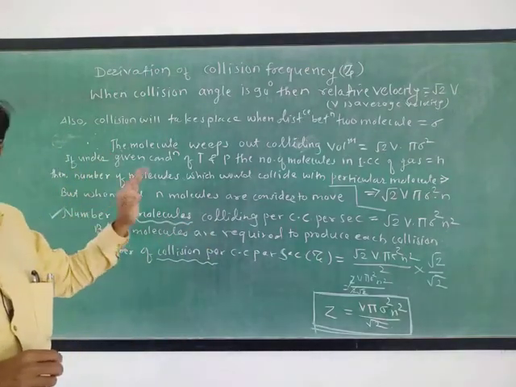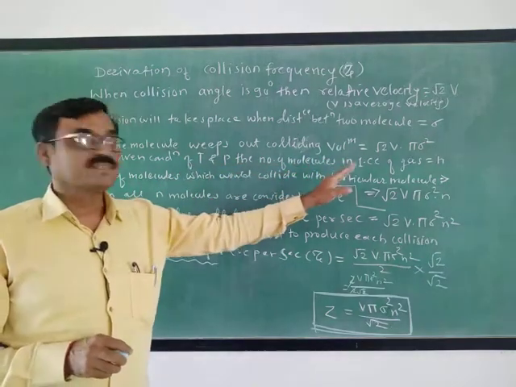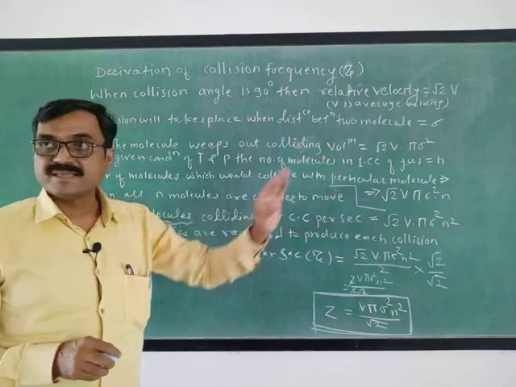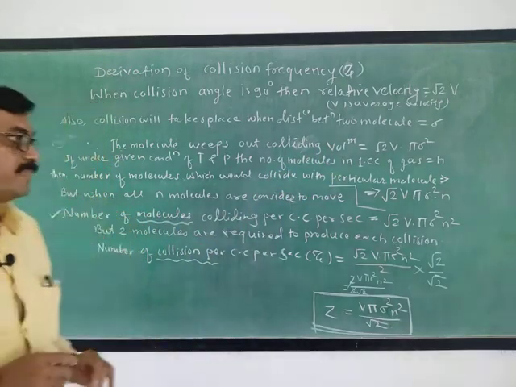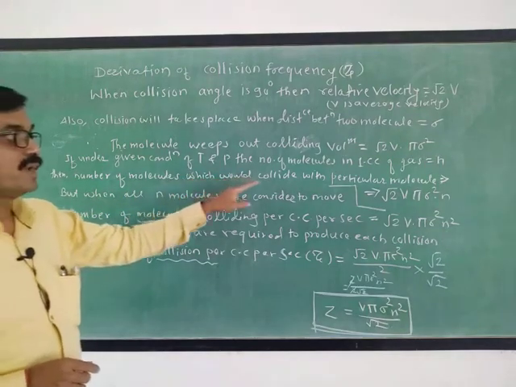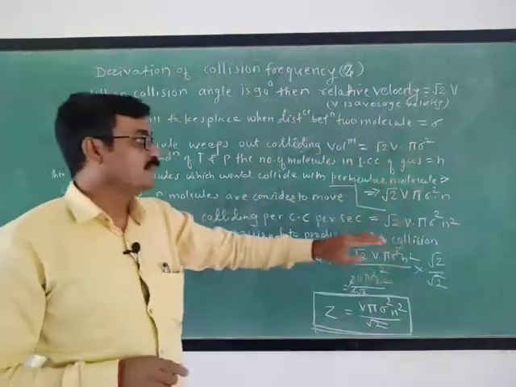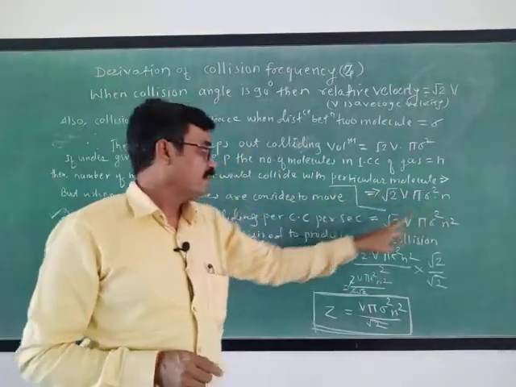Now, if under the given condition of temperature and pressure the number of molecules in 1 cc of gas is n, small n. That's why the number of molecules which would collide with a particular molecule will be the volume multiplied by small n.